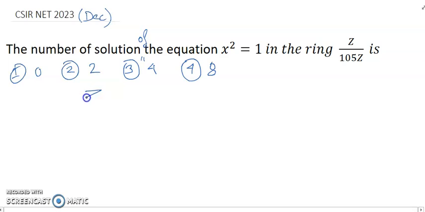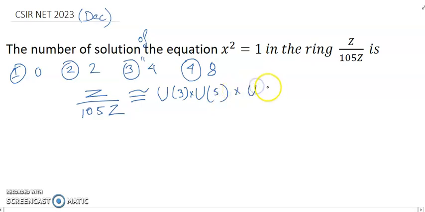Now we know that Z divided by 105Z is isomorphic to U3 cross U5 cross U7, because 105 can be written as 3 into 5 into 7.